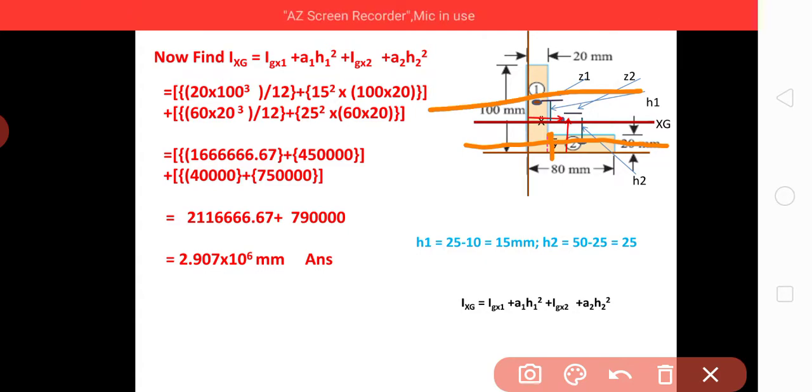So 60 into 20 cube divided by 12 plus this distance h2, which is 25 mm, so 25 square into 60 into 20. On calculation, it comes out to be 2.907 into 10 to the power 6 millimeter to the power 4.